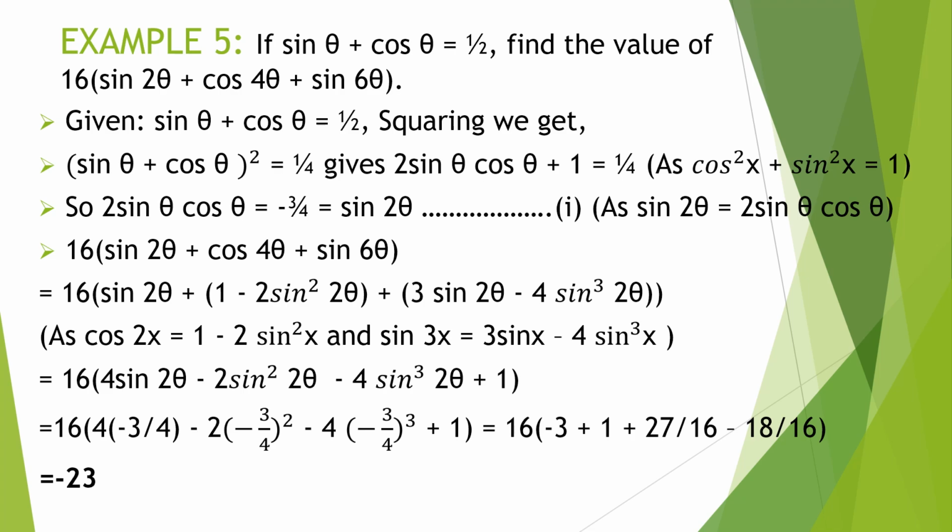And similarly we have a formula for sin 3x, which is equal to 3 sin x minus 4 sin cube x. So sin 6 theta means over here x is 2 theta. So sin 6 theta is equal to 3 sin 2 theta minus 4 sin cube 2 theta. You will have to remember all the identities. So now putting the values of sin 2 theta from equation 1 and simplifying the left hand side, we get the answer as minus 23.